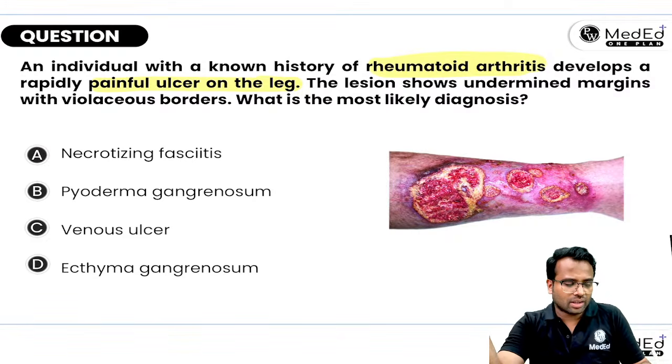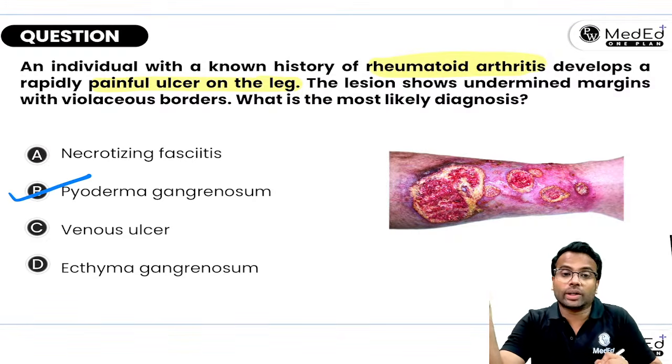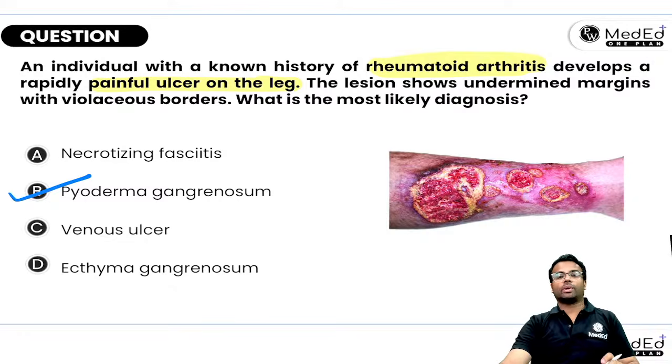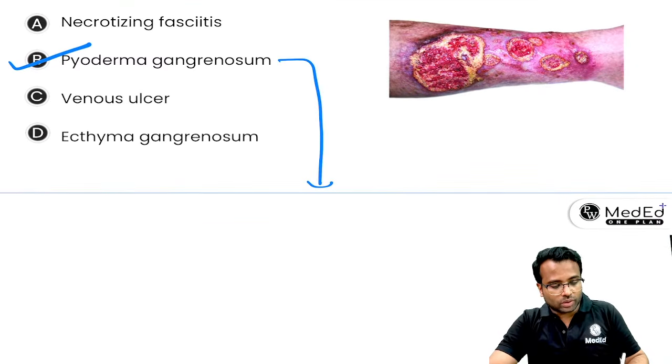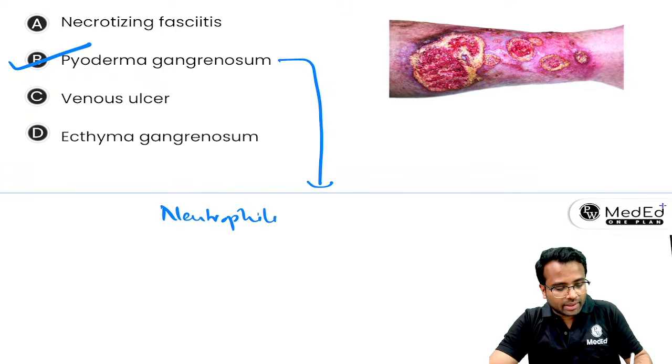B and C. So the correct answer should be pyoderma gangrenosum. Now see, what happens in pyoderma gangrenosum? This is an example of a neutrophilic dermatitis.